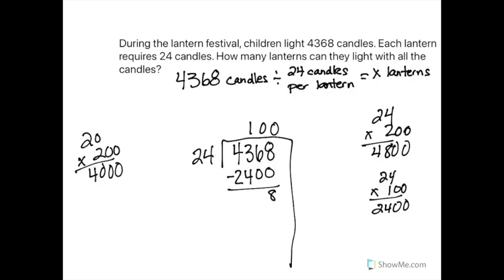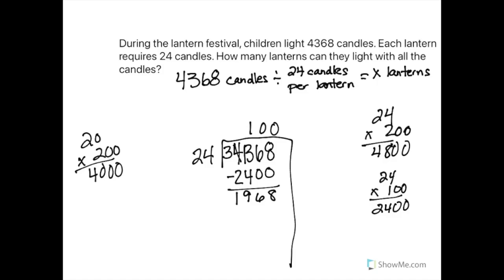I have 8 minus 0 is 8. 6 minus 0 is 6. Can't do 3 minus 4, so I'm going to go next door. 13 minus 4 is 9. 3 minus 2 is 1. So I know that 24 times 100 is 2,400, so that's too much.